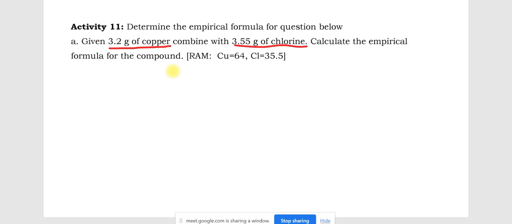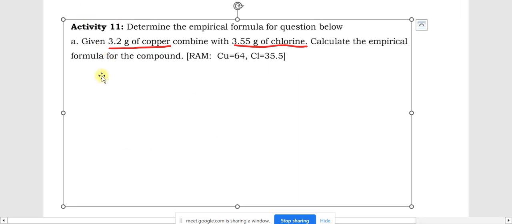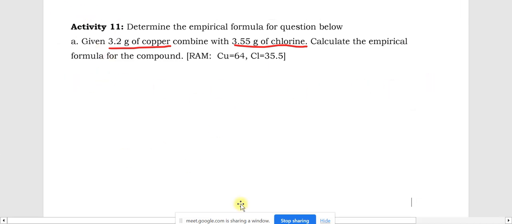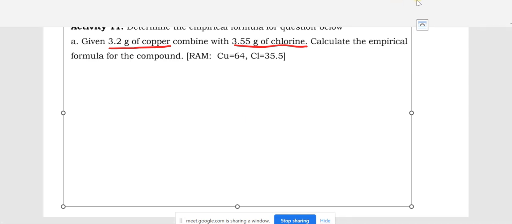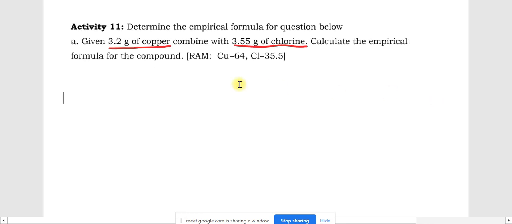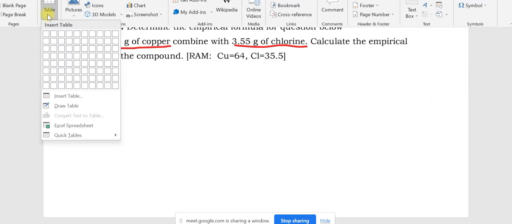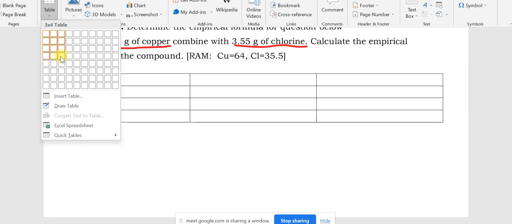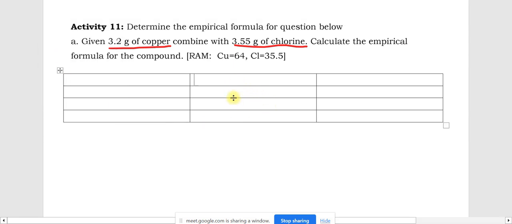Calculate the empirical formula for the compound. Okay, so we make a table. Here you write mass, here mole, here simplest ratio.